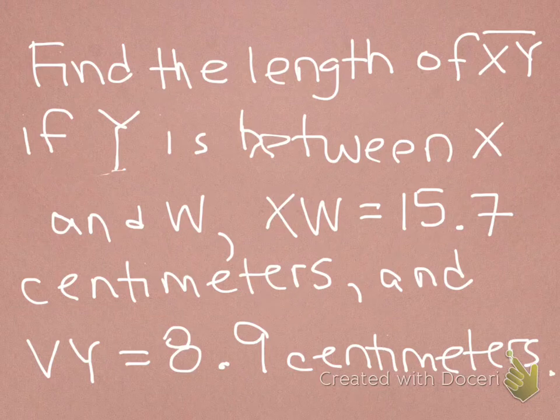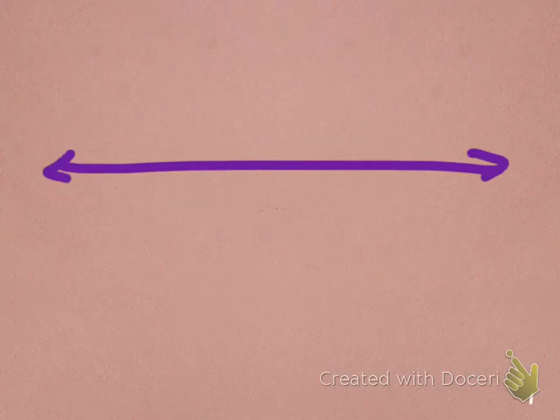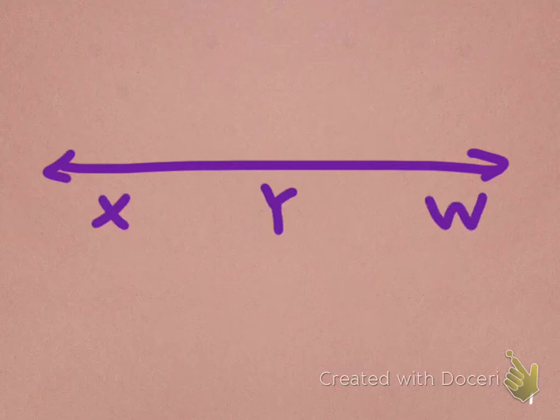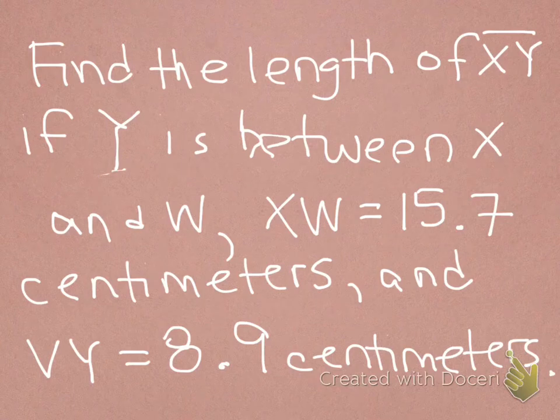Find the length of XY if Y is between X and W. With these, I would strongly recommend drawing this out. So you are going to draw this out. It says Y is between X and W, so I'm going to label Y between X and W. These are points. Okay, so if we look here, I'm going to do some more labeling as the parts are explained.